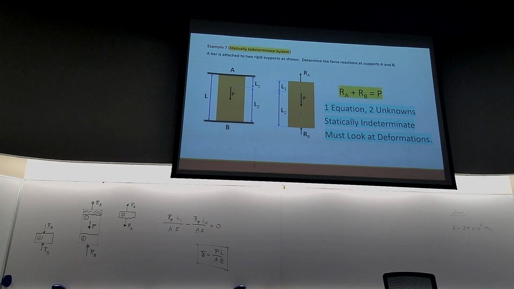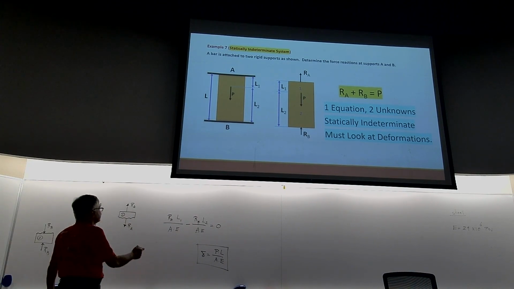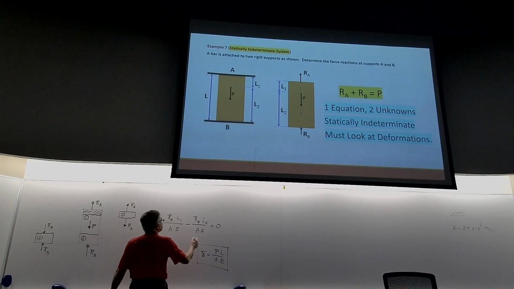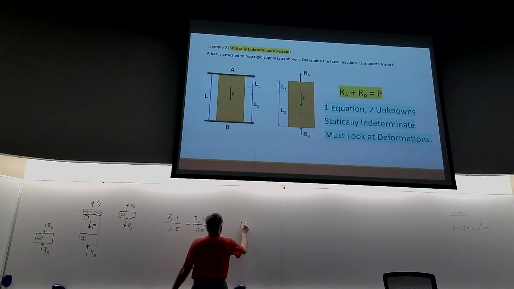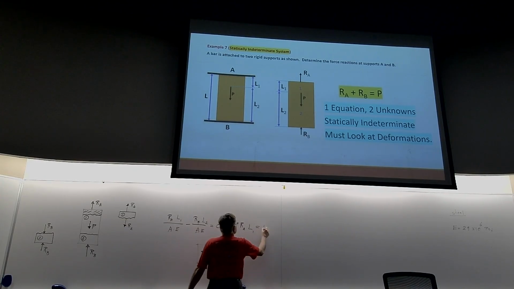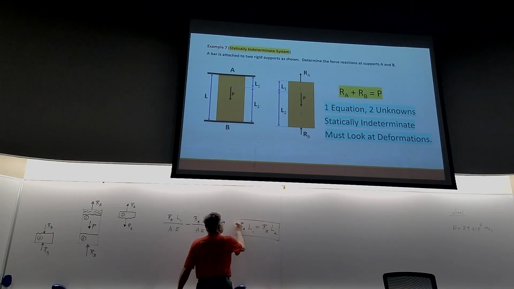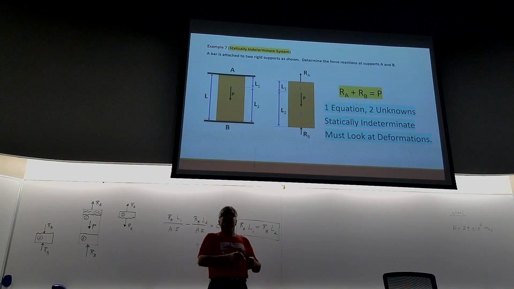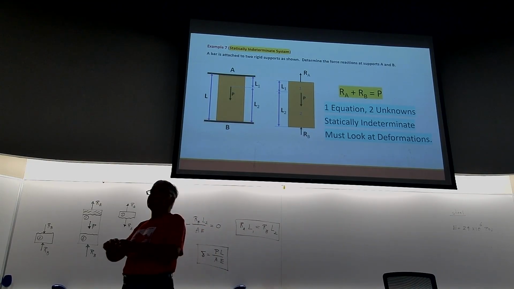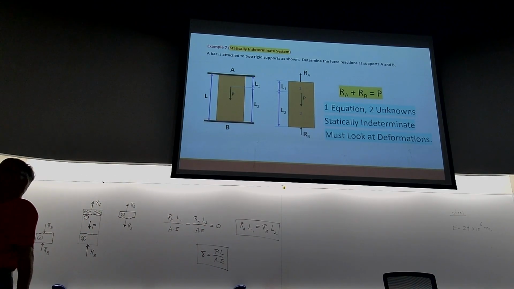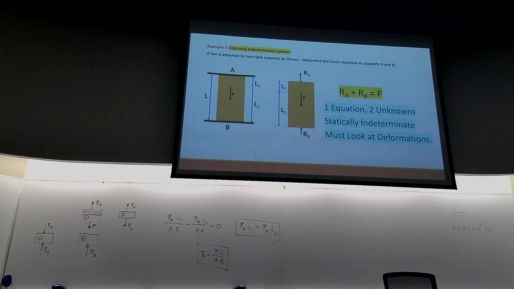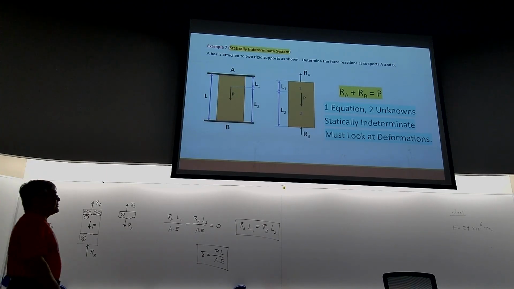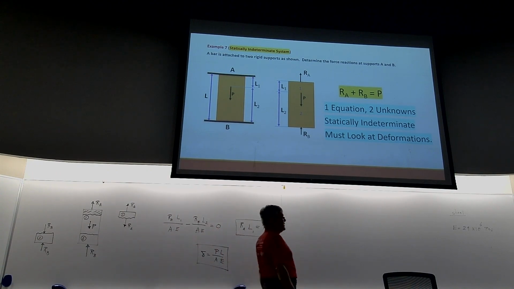So we could just get rid of both of these, and this means RA L1 is equal to RB L2. This is the additional equation that came from looking at deformations. Now we have two equations, two unknowns. Could easily solve for both RA and RB.